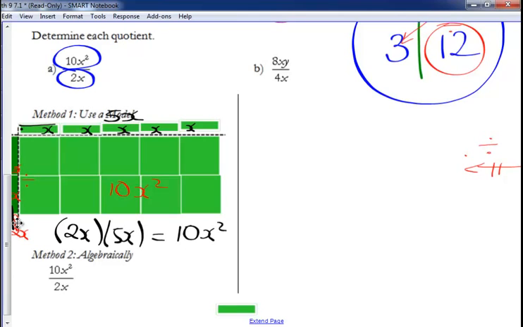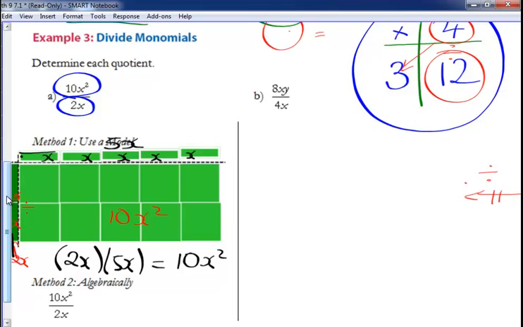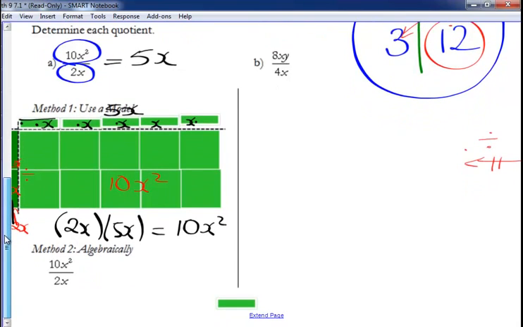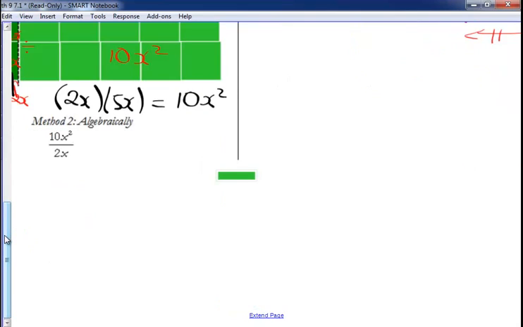So that's the right result here, isn't it? When we think of it as an equivalent multiplication, it would seem that 10x squared divided by the 2x is equal to the 5x along the top there. Now, I'm not sure that a model is sometimes terribly helpful like that. It's certainly a little bit more straightforward, I think, to think about it algebraically.